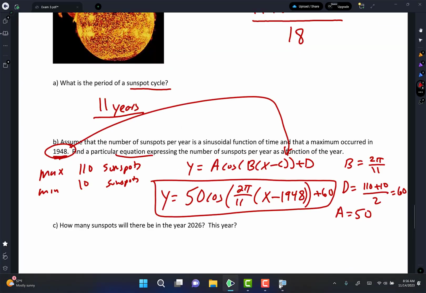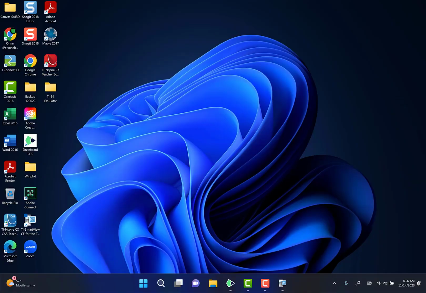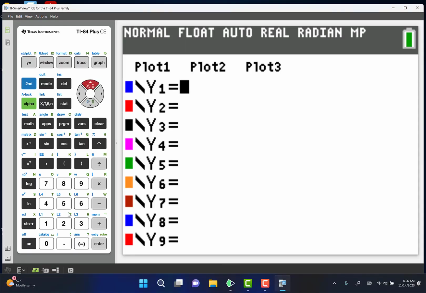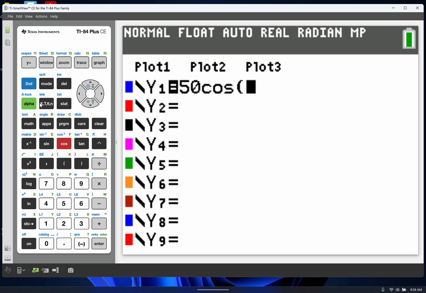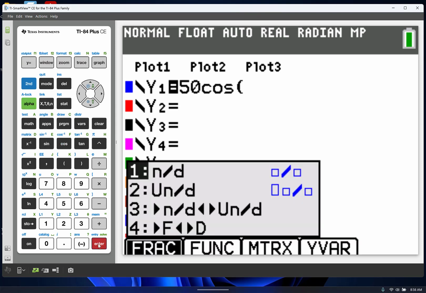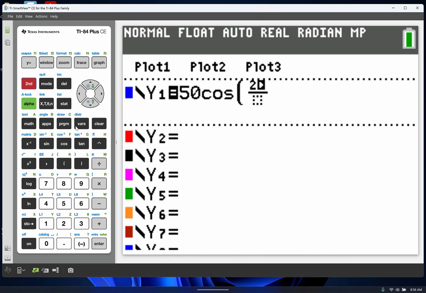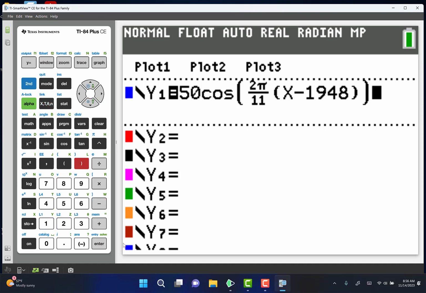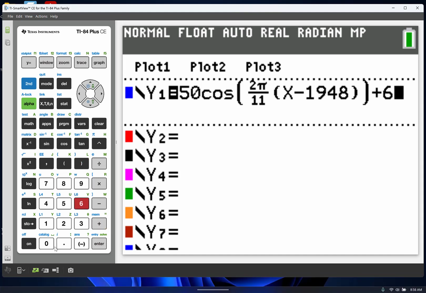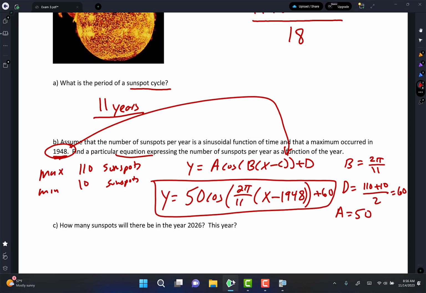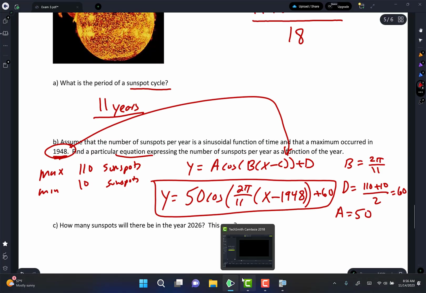What do we got? 50 cosine 2 pi over 11, and then x minus 1948, close. What was it, plus 60? Okay, don't push graph. Not yet, at least, because I know I'm going to use it. But that's all they wanted on that one.